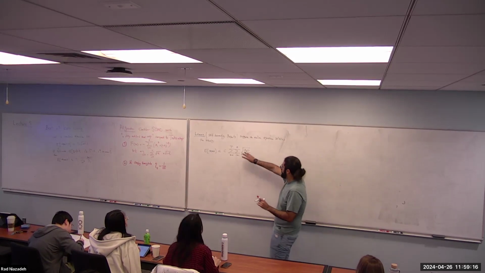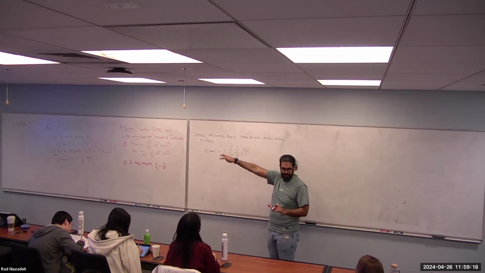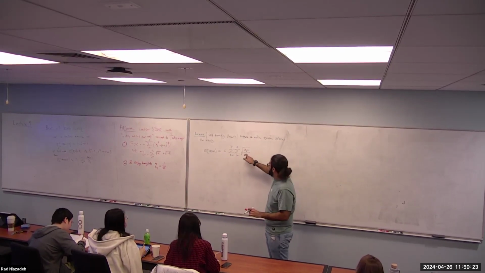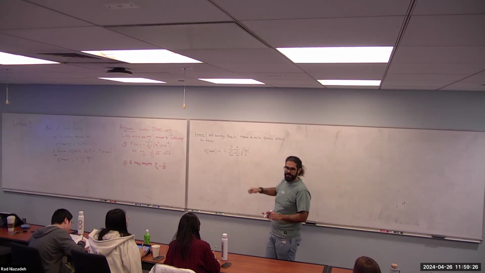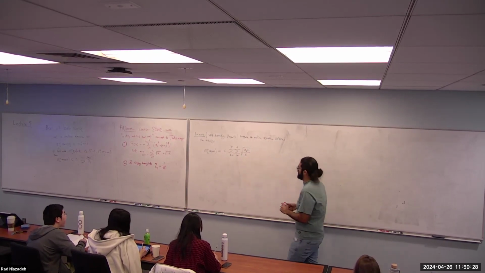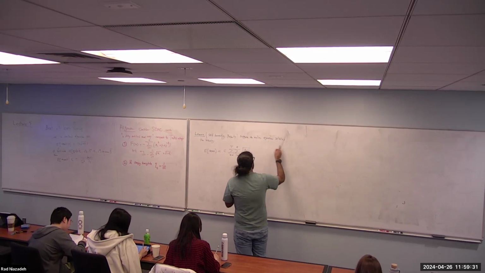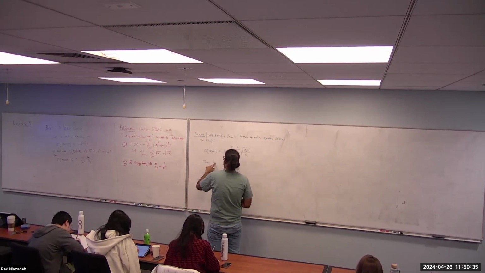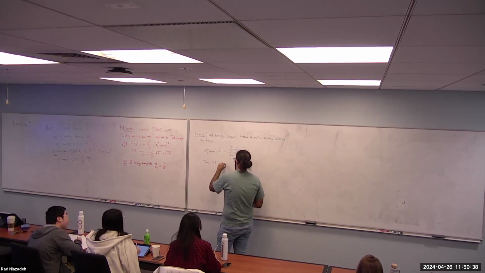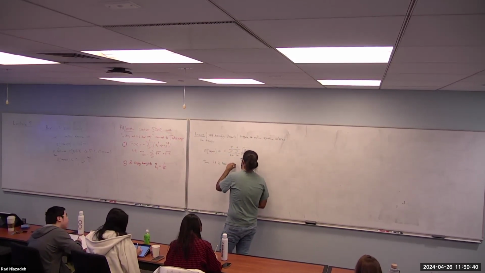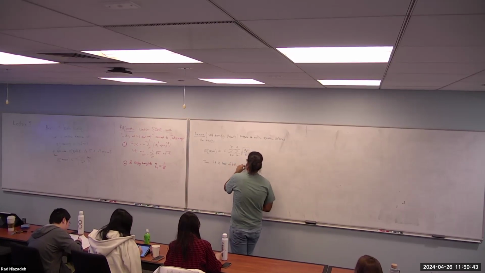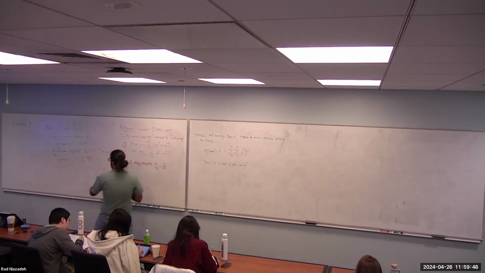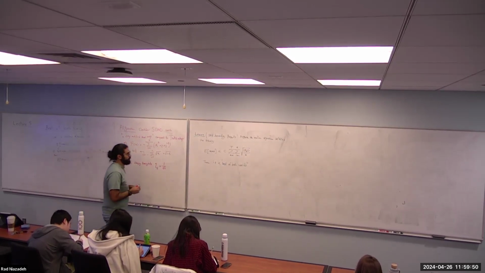I encourage everyone to take a look at all the bounds that we proved in the lecture today and try to compare them with these bounds. You see that they have similarities, but none of them is actually as powerful as this one. So suppose an online algorithm satisfies this, then it is best of both worlds.